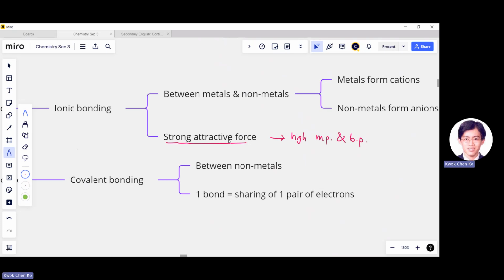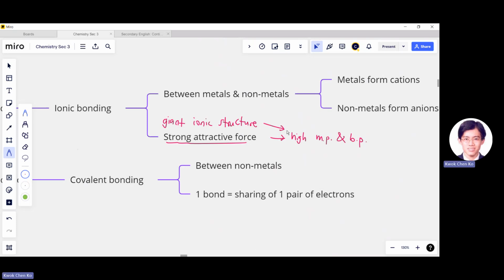Actually, two reasons. The first one is because ionic bonds are strong electrostatic forces of attraction. The second reason, they have a giant ionic structure. This is a super common question. It's almost like free marks for you.